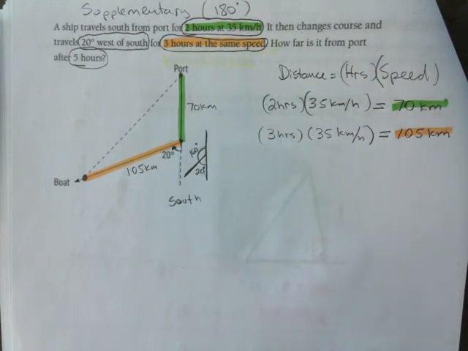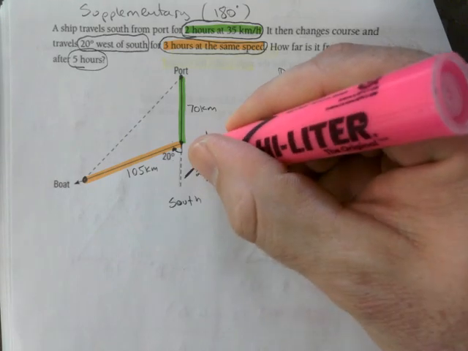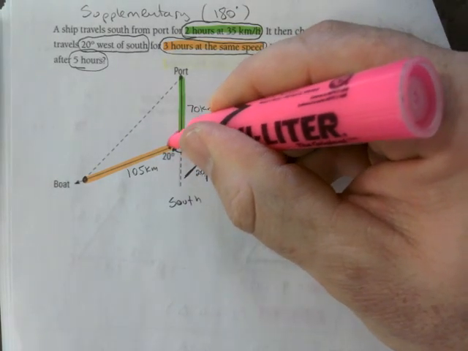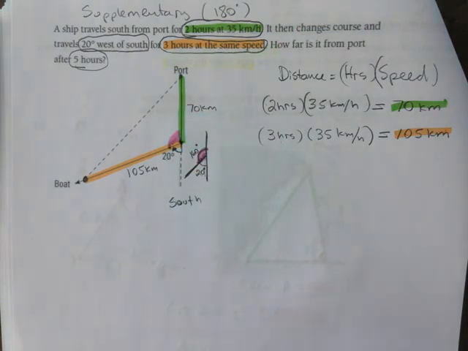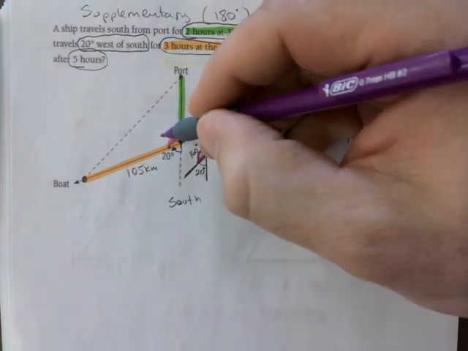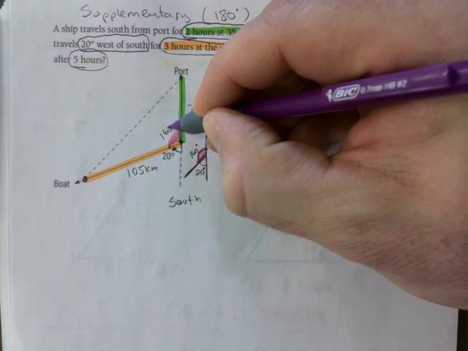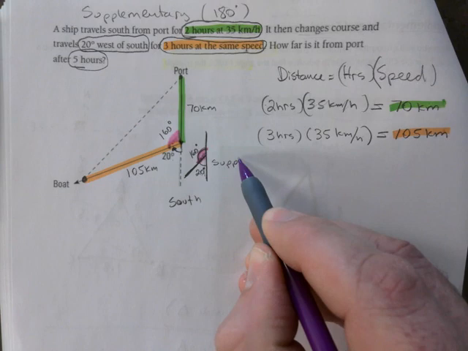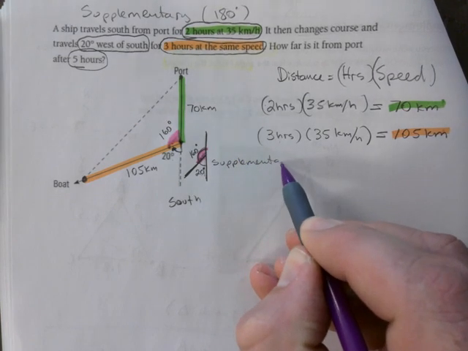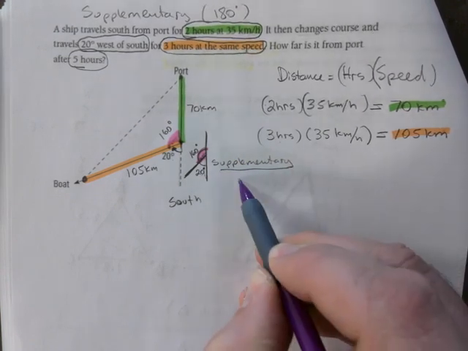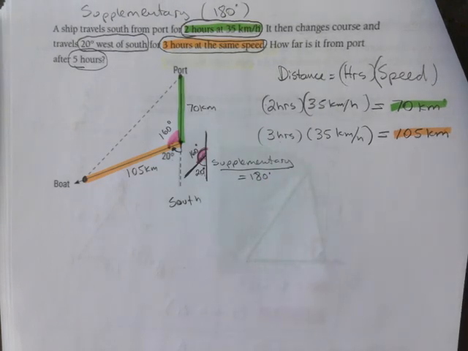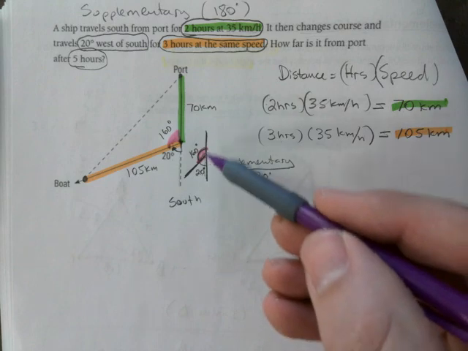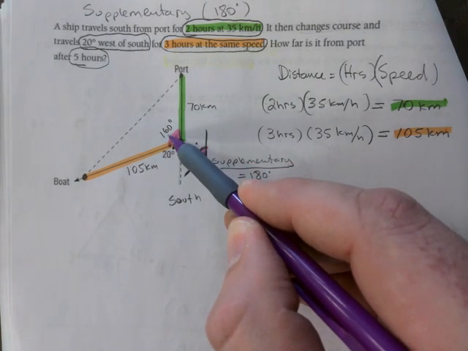So if you have another color, I want to focus on this one right there. Some of you are like, I don't do highlighters. That's okay. So the 160 goes in there. Okay, supplementary. Don't worry about the word, but it means that adds up to 180, right? So now we have our angle inside and we're good to go.